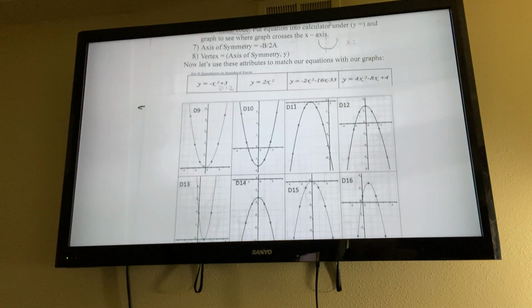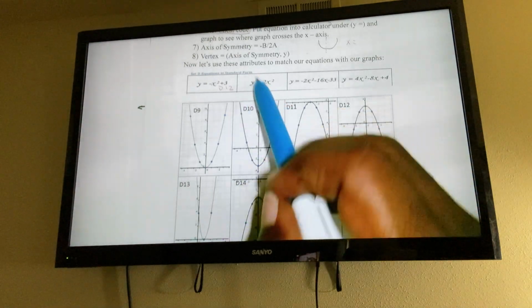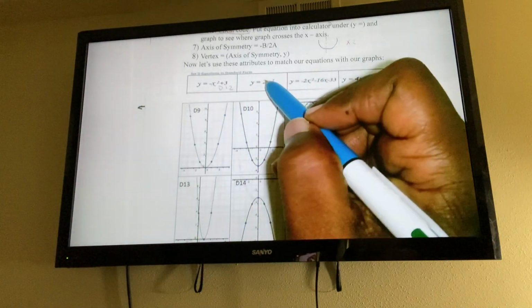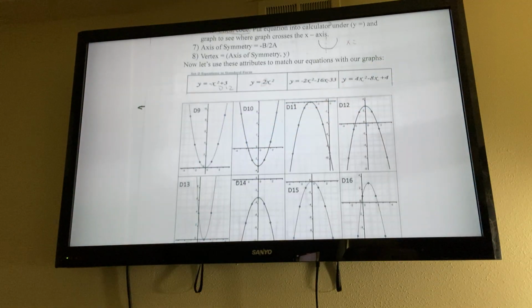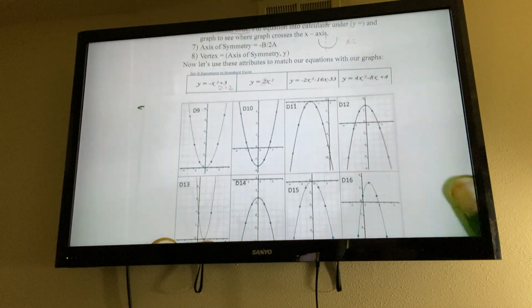Okay. Look at number 2 right here. What do we say when a is greater than 0? It's going to be the graph of x squared, but if it's greater than 0, it's going to be skinnier. Show our graph.